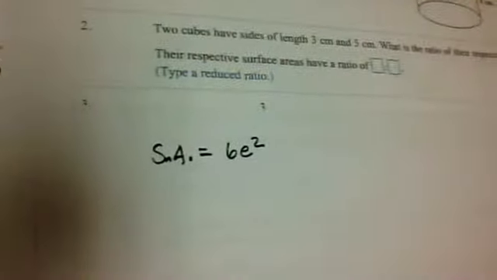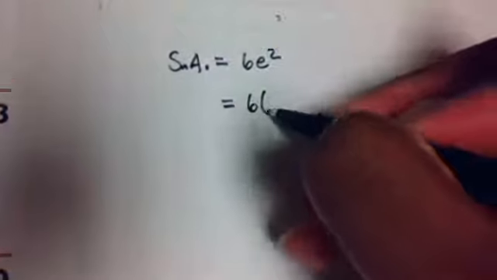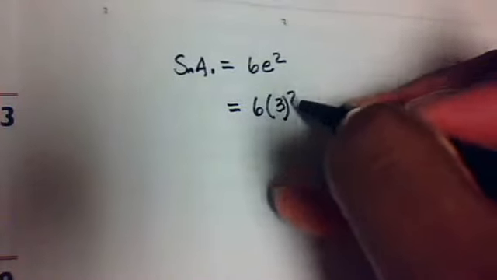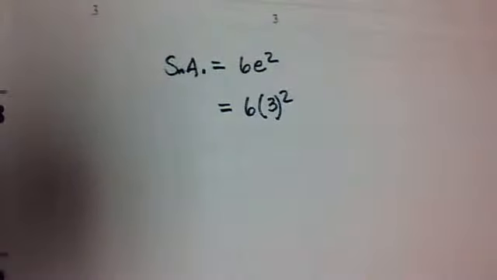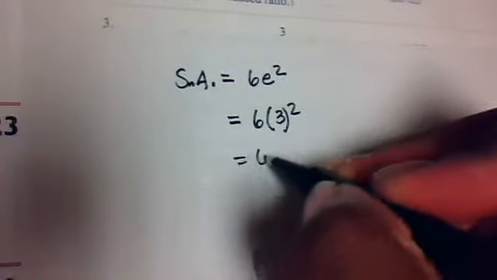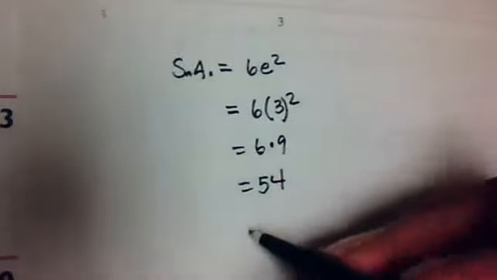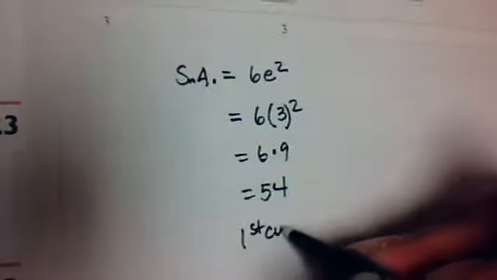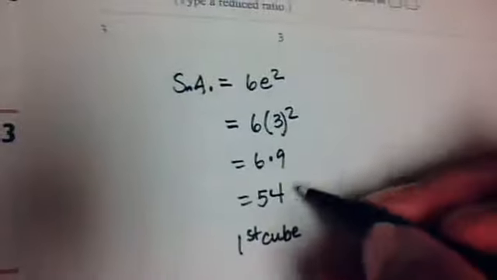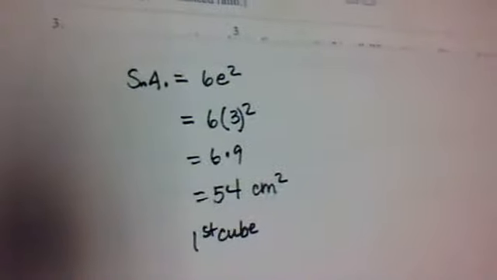And we're told that one of the cubes has a length of 3, so let's say the surface area of this first cube will be 6 times 3 squared. And then 3 squared, we do that first, that's 9, so it'll be 6 times 9, which is 54. So the first cube has a surface area of 54 square centimeters.